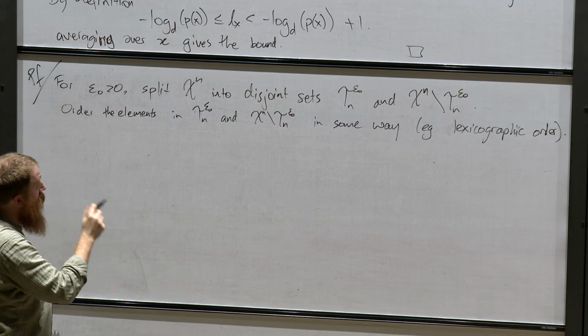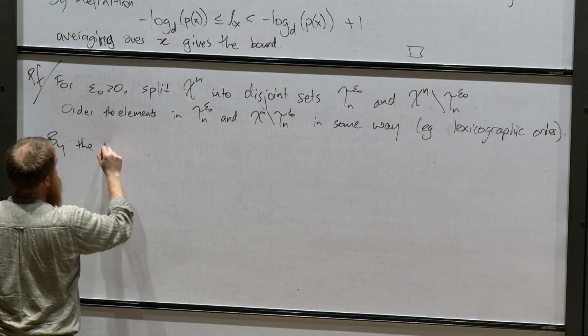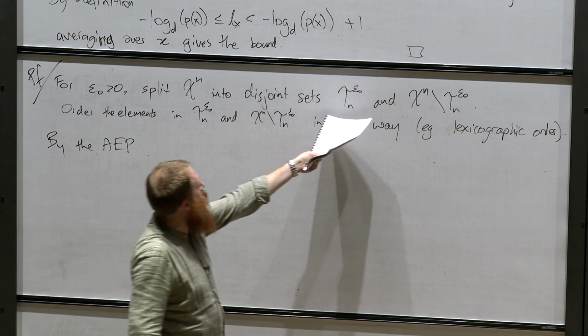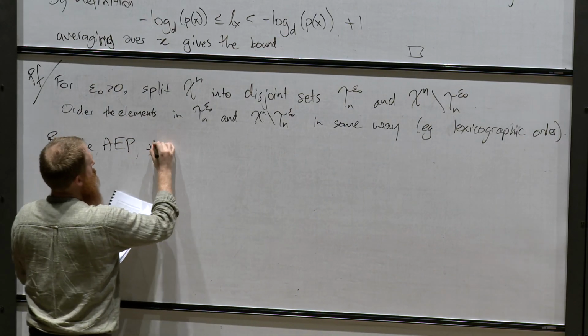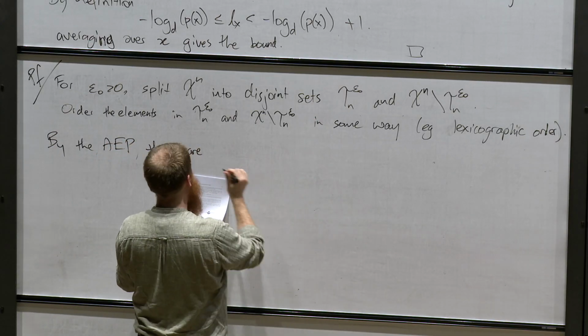Okay, so we're looking at this. So by the AEP, remember what the AEP tells us. It tells us we can do this split into our typical and atypical sequences. There are, well, how many elements are there?